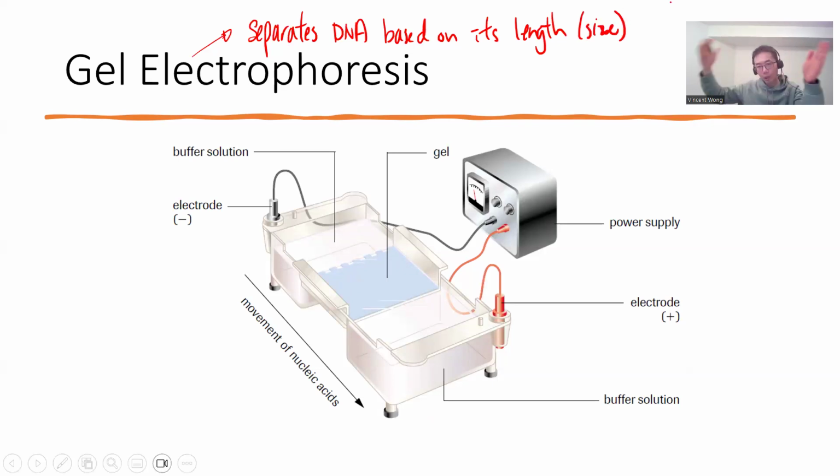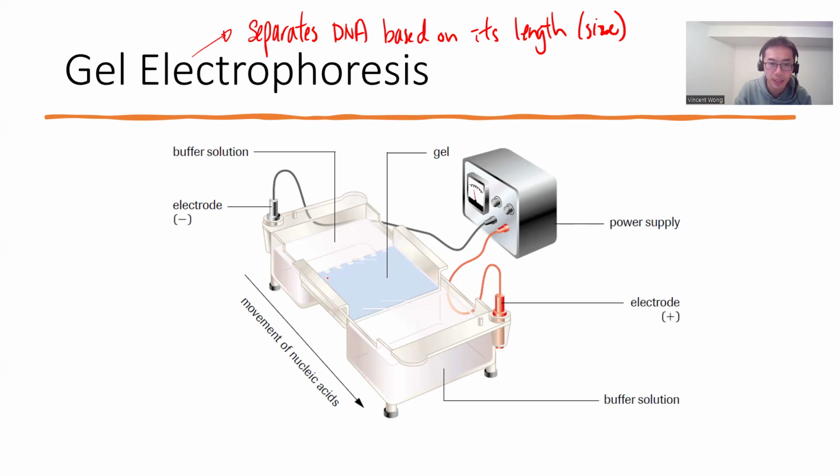So you can separate long DNA from short DNA. That's what the technique is used for. There needs to be a power supply, and you hook it up so that the negative is here and the positive is here. And over here, that's the gel.